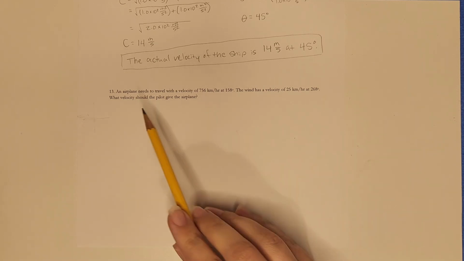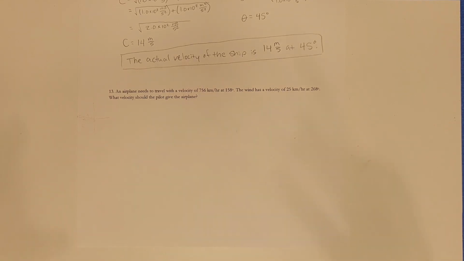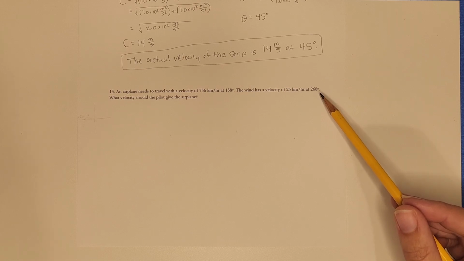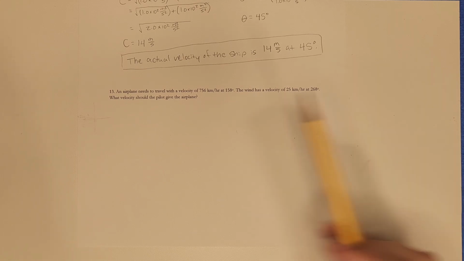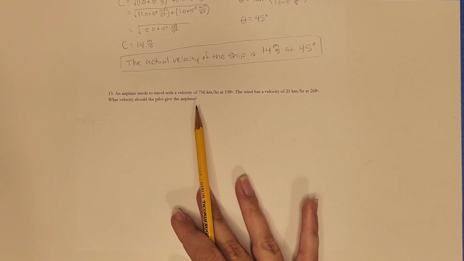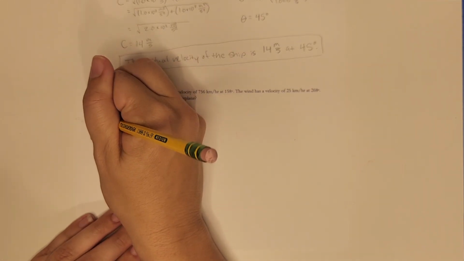We are given what the velocity needs to be, so what the actual velocity should be, which is what we've been referring to as c. And we're given how the wind is affecting it, which is what we've been referring to as b. What we don't know is what the pilot is actually doing to the plane, and that is a. Okay, so we're solving this in a little bit different order.